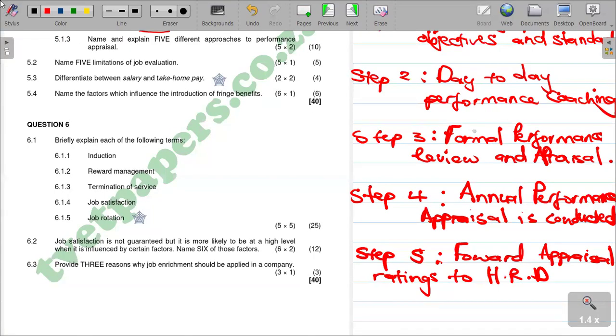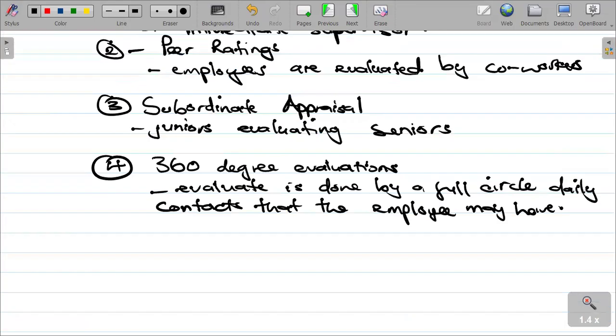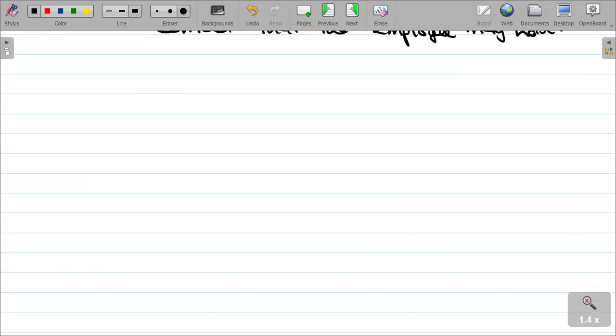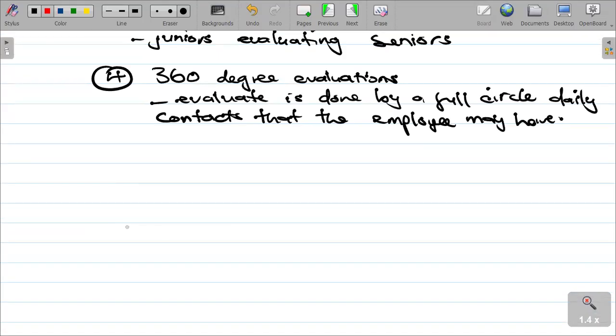You are supposed to list the limitations of a job evaluation.